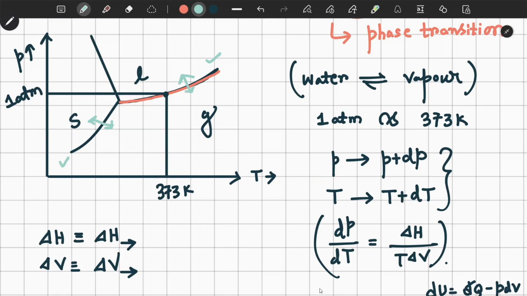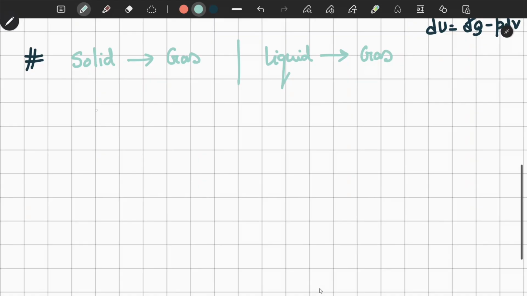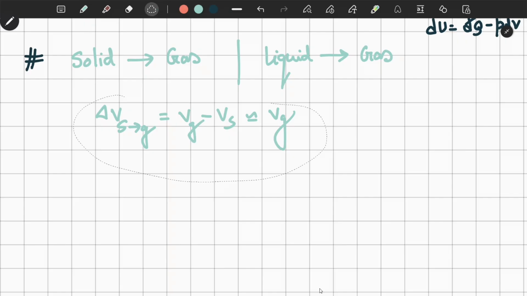Delta V transition for solid to gas, sorry, I said solid to liquid, is approximately V gas. Is it clear?